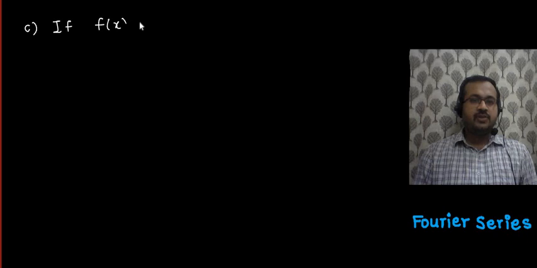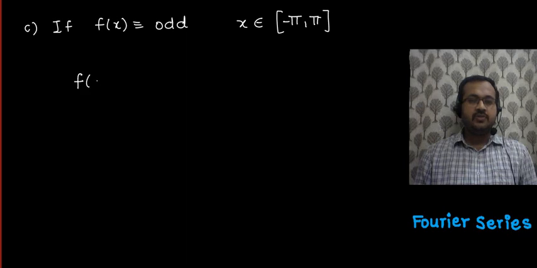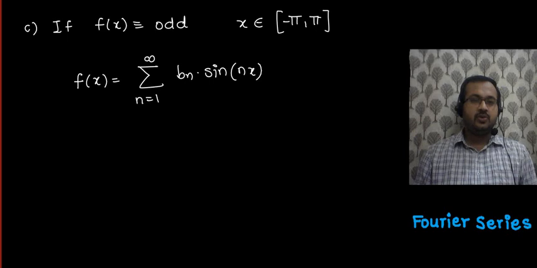The same is the case with an odd function. So case 3 will be if f of x is an odd function defined in the interval minus pi to pi, then the Fourier series for this odd function will be summation n varies from 1 to infinity bn multiplied by sin nx only.